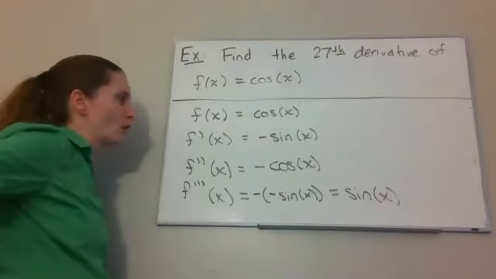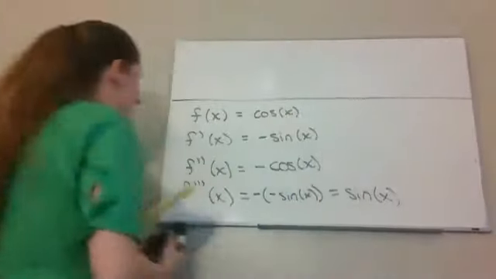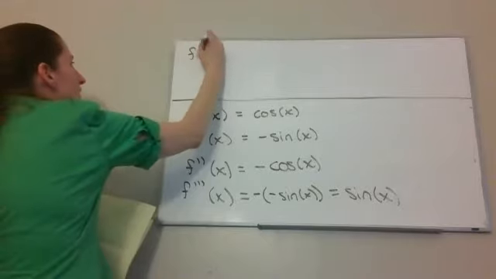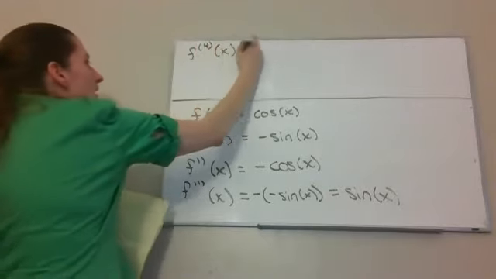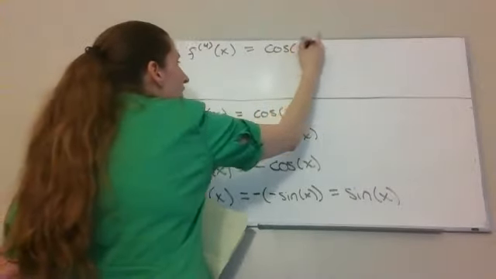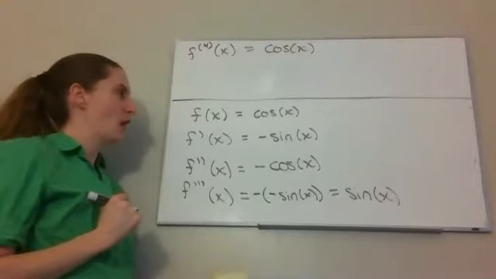And then what would be the fourth derivative? Well, my fourth derivative is the derivative of sine, which is cosine. And so I'm back where I started. So I have a pattern.